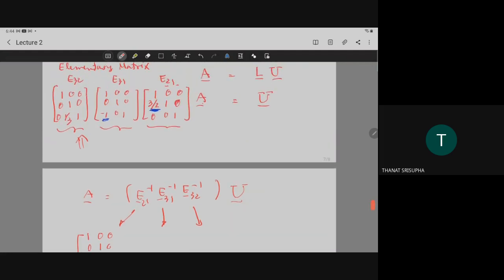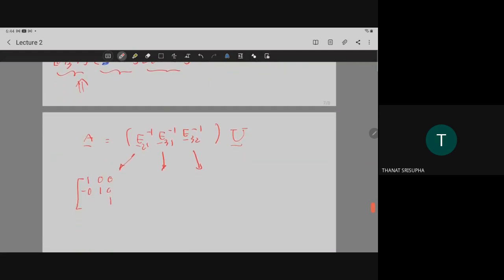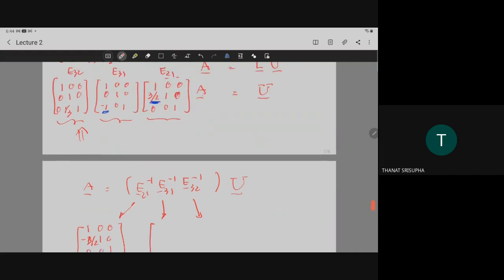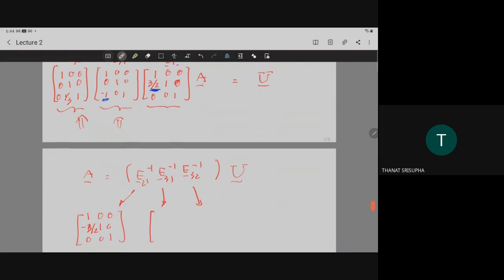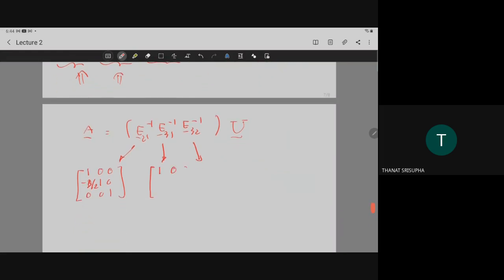So for E21 it's minus 3/2, 0, 1, and E31, which is here, and then 1, 0, 1, and the last one is 1, 1, 1, 0, 0, 0, and then minus 1/3.